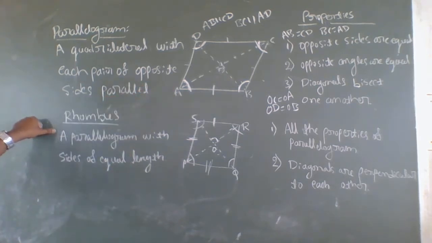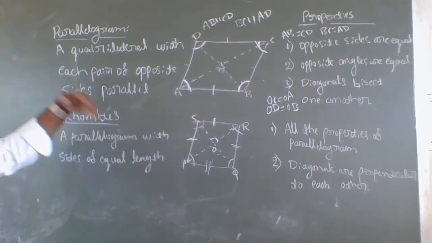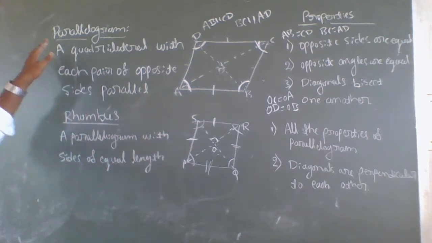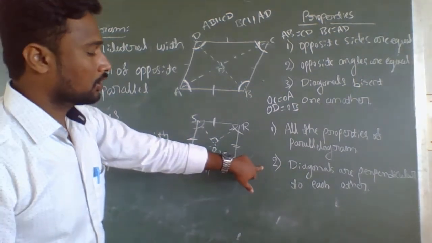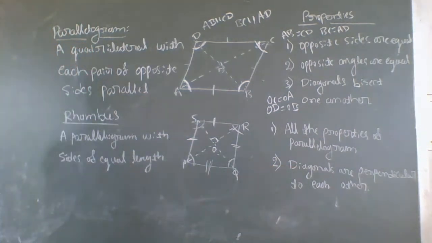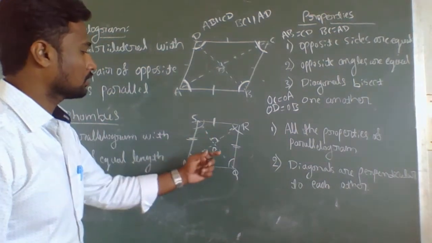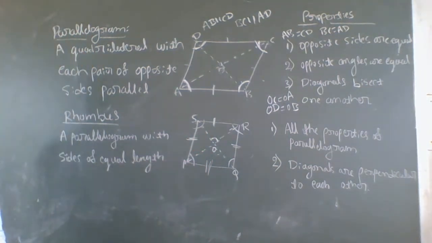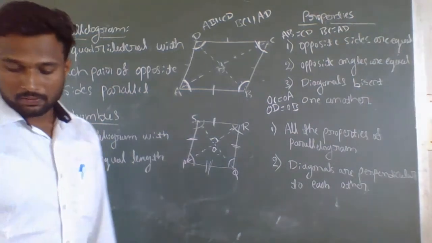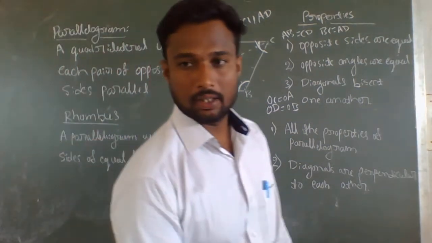And a rhombus is also a parallelogram, but here all the sides are equal in length. Therefore, it has the properties of a parallelogram, and another property is that diagonals are perpendicular to each other. Okay. Now I will discuss the rectangle.